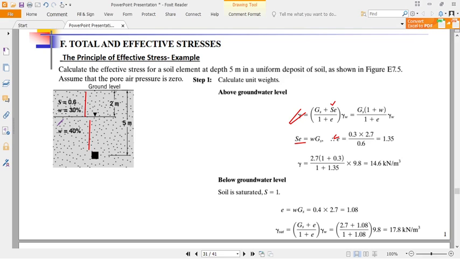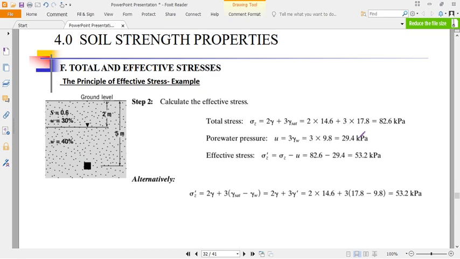So the first one, the total stress, will be equal to 2, which is the distance, times the density of this soil, plus 2 times the saturated unit weight, will give the total stress. Then you calculate the pore water pressure, which you give by this. Then to get the effective stress, you take the total minus the pore water pressure. Alternatively, we can use this formula. Is that okay?